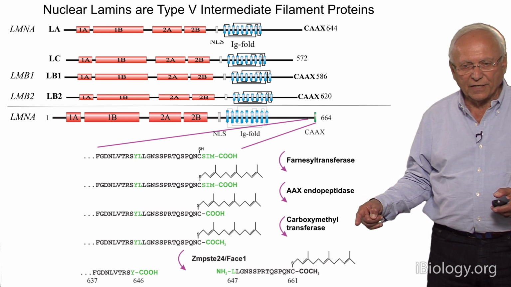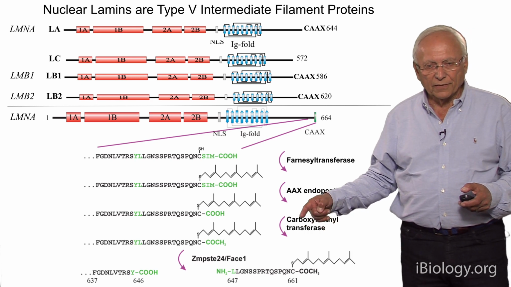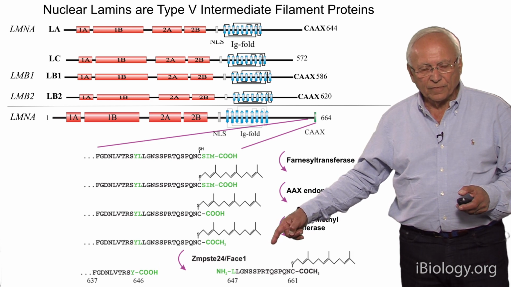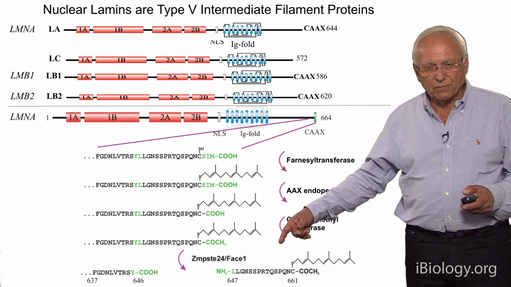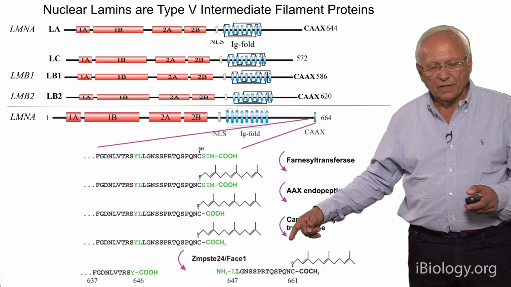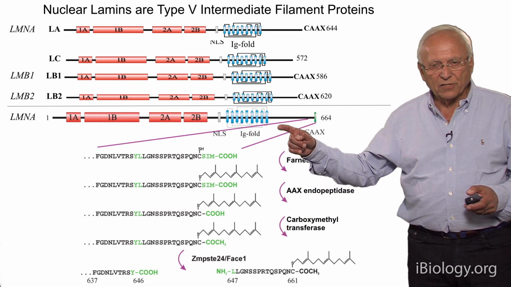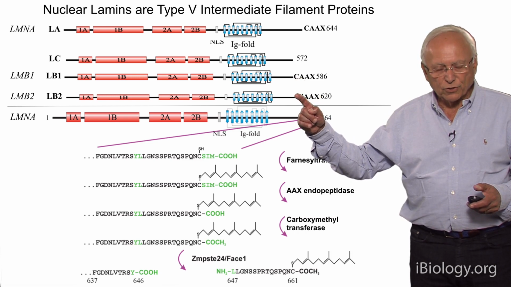So now you have a farnesylated, methylated cysteine at the C-terminus. And then this is a signal for another endopeptidase, ZMPSTE24, which then cleaves 15 additional amino acids upstream from the C-terminus. So all of this processing goes on and then removes the farnesylation site at the C-terminus. But in the case of lamin B1 and B2, these are both permanently farnesylated, and this is not in their mature form.